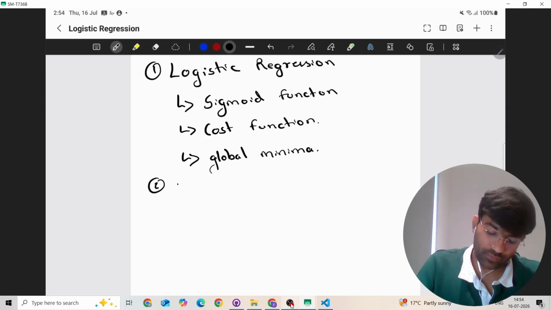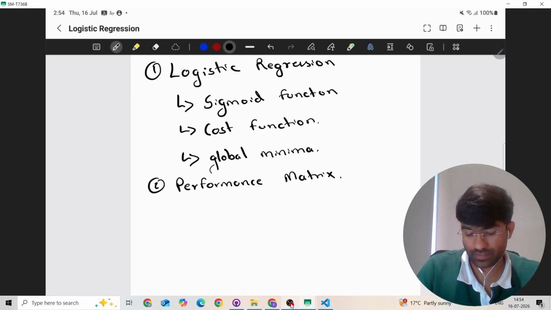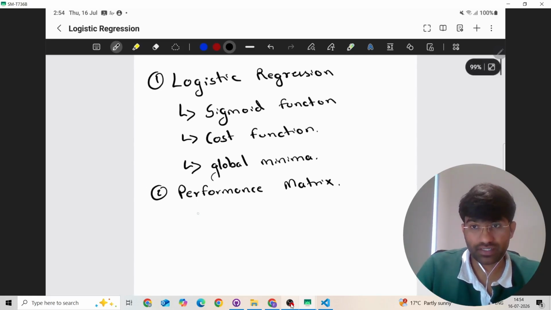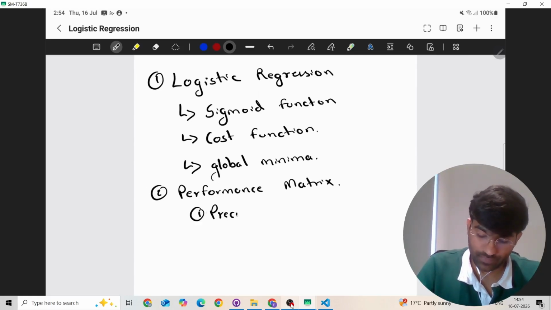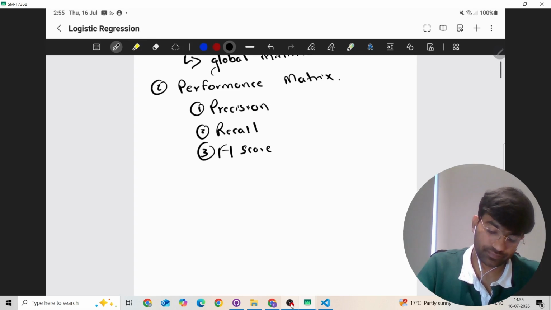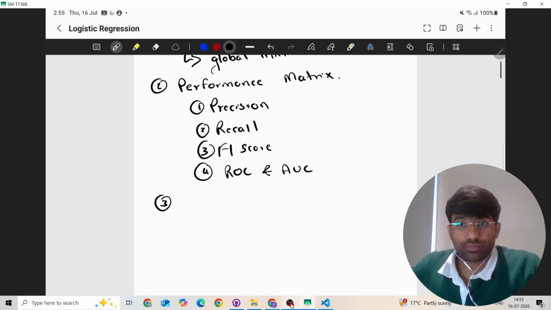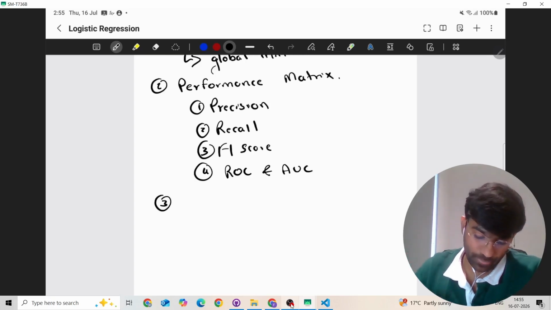And the second topic will be the performance metrics. Under performance metrics, we will check precision, recall, F1 score, and ROC AUC. Along with this, I'm going to demonstrate the practical implementation.